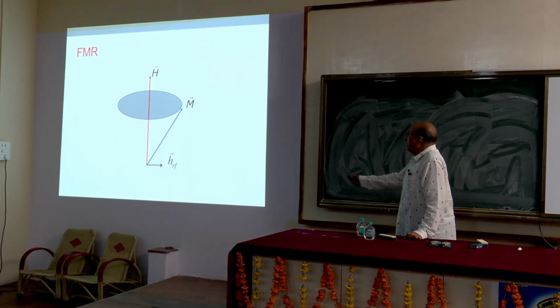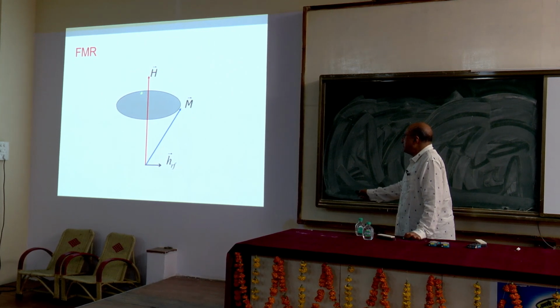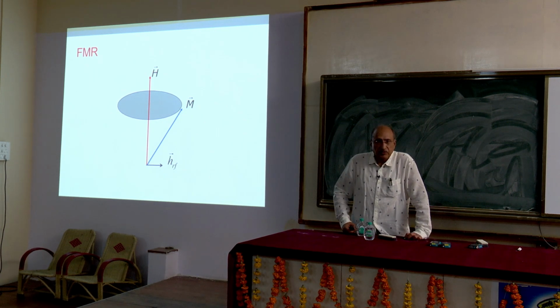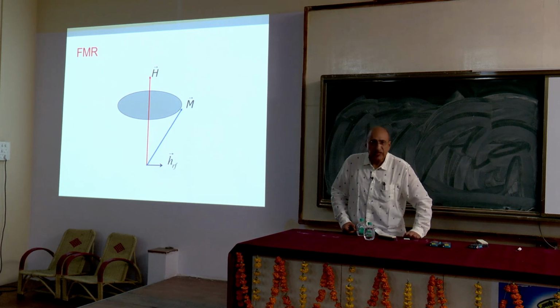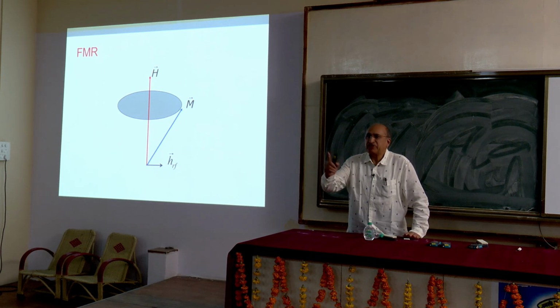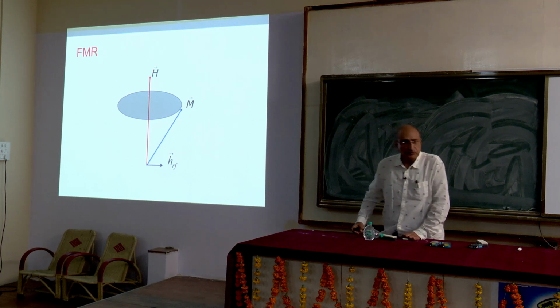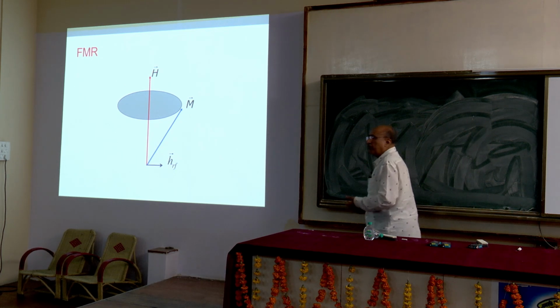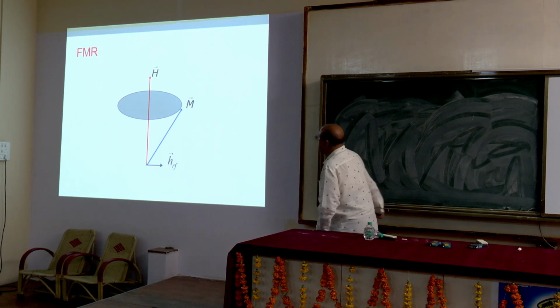This is the magnetic field, this is the magnetic moment precessing, and you are applying an RF field which is perpendicular to it. If it has the same frequency, then there will be a resonance, and the precession will continue, and you will see from this precession the power being absorbed, and you can measure the frequency and other things.